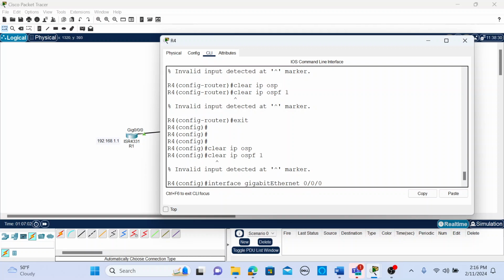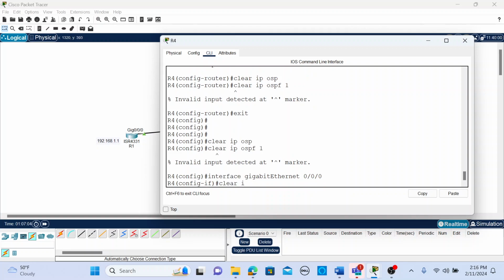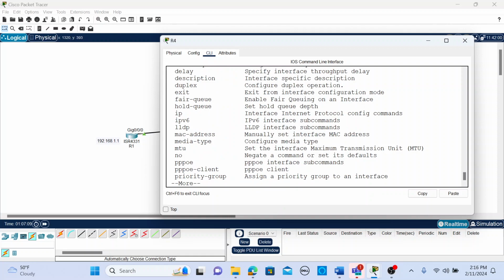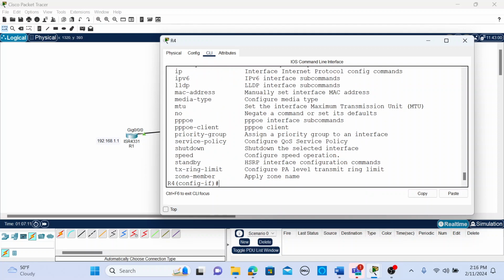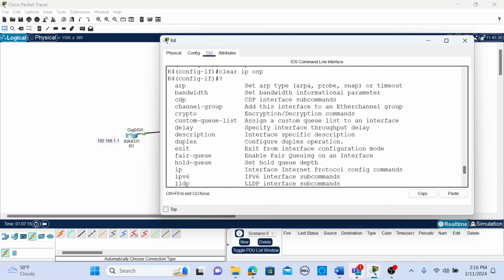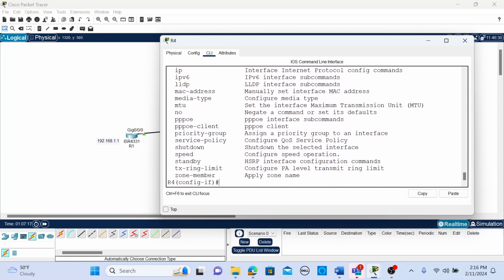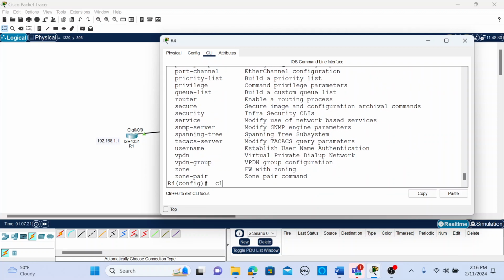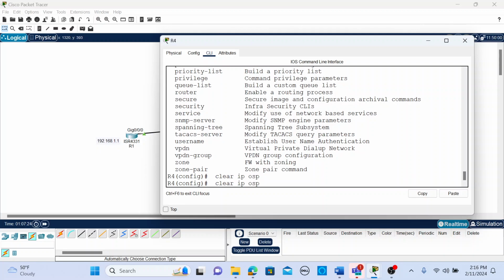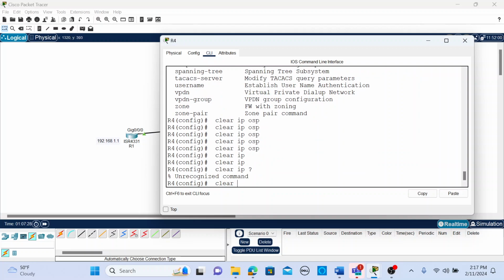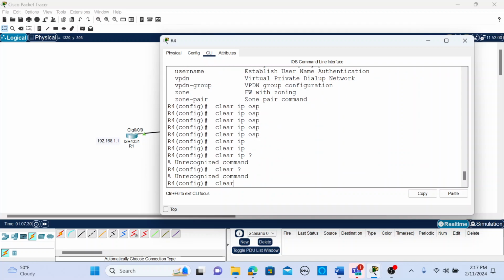Let's see, clear ip ospf. No. I think remembering these commands is a little bit difficult. Okay, it's giving me a hard time here.